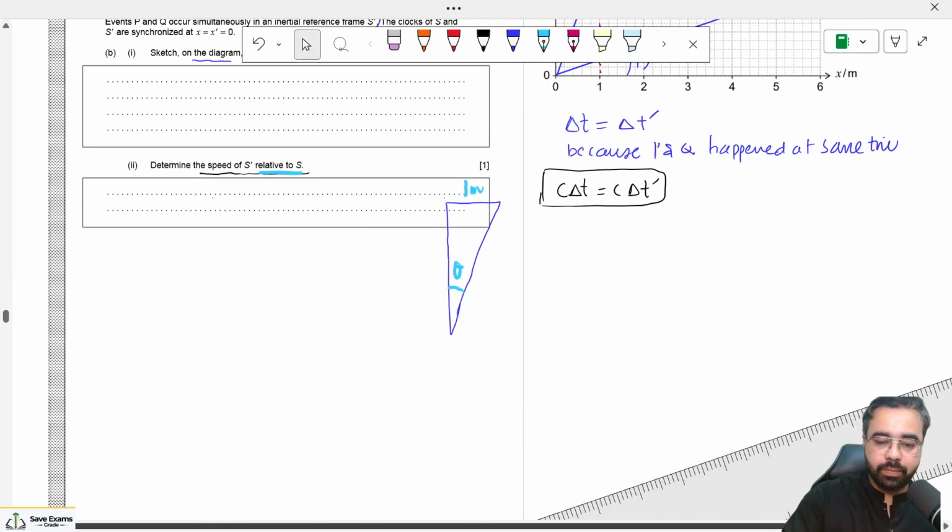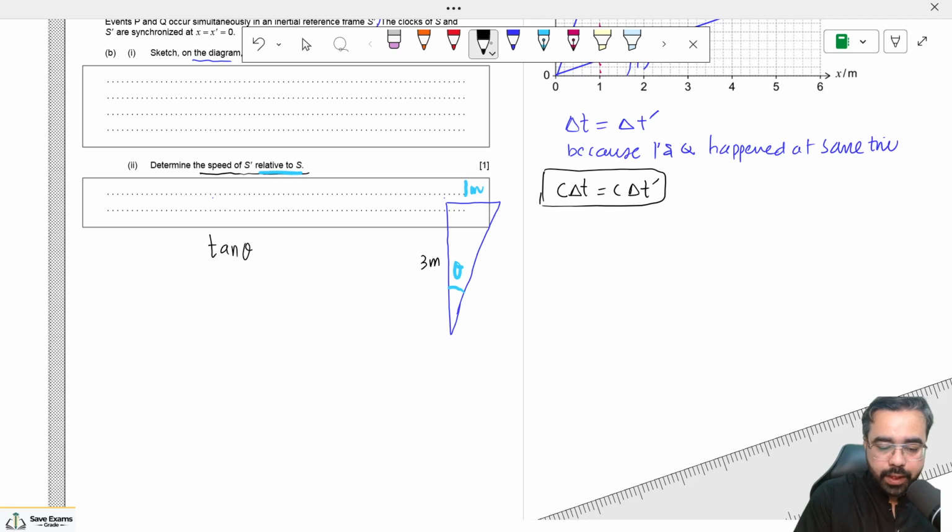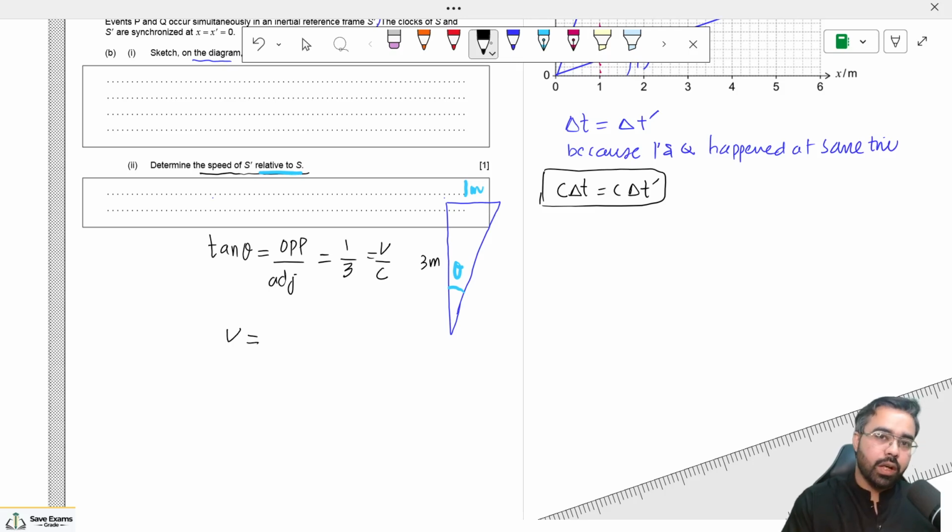So this is 3 meters, so tan theta is equal to opposite over adjacent, so that is 1 over 3, and at the same time, it is equal to v over c. Tan theta is equal to v over c. So v is the speed according to the observer in the S frame of reference. The speed of the spaceship is c over 3, which means 1 over 3 times the speed of light. So this is our answer for this question.